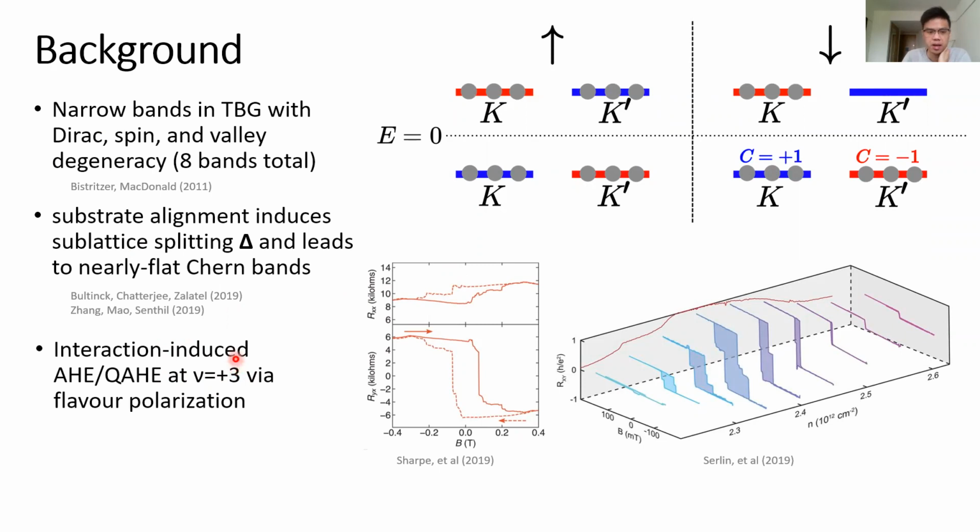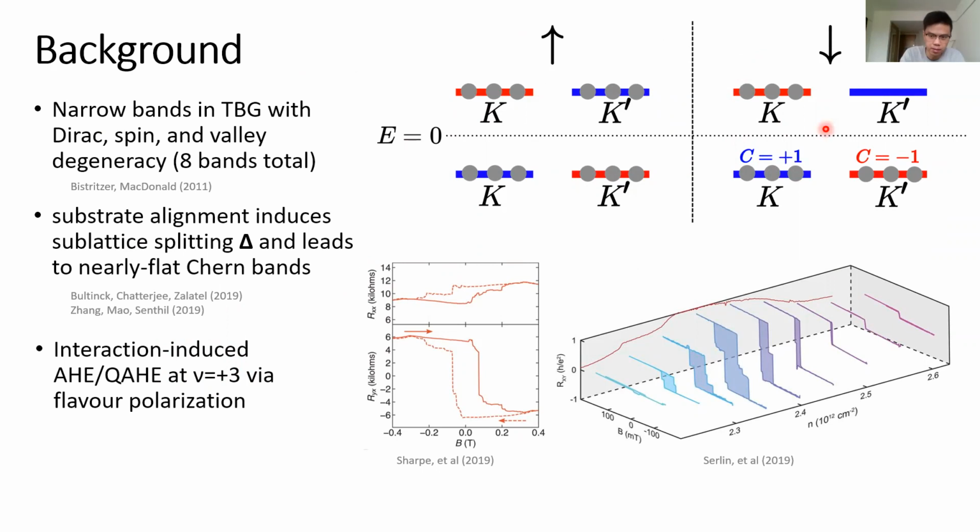And indeed, in 2 experiments in 2019, they actually managed to, at this filling, measure the quantized anomalous Hall effect. So we were thinking about whether, in a finite sample, you're going to expect to get regions where maybe you've broken the symmetry in different ways. For example, in one region I could have exactly this configuration, but in a different region, maybe you've instead emptied out this K band.